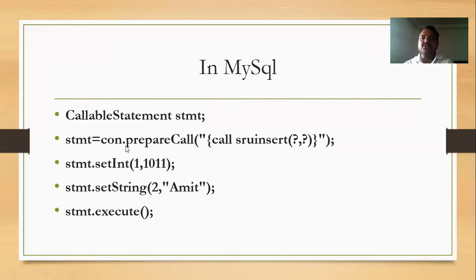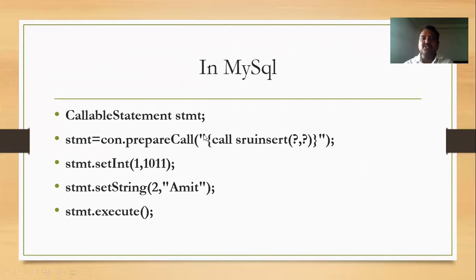So we are going to use a method here called prepareCall, and we are going to give some arguments as a string into this method. So these arguments are going to start with my open brace and the closed brace.